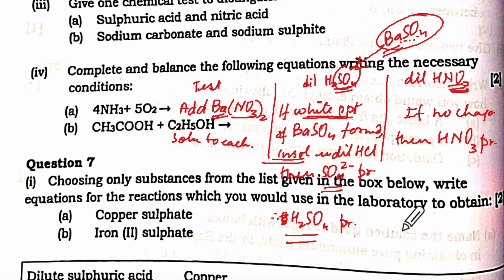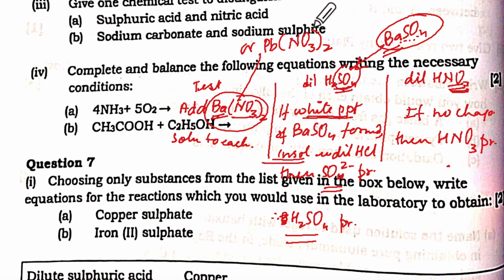Now in place of this, you could also take Pb(NO3)2. Okay, if it is Pb(NO3)2, then I'll get PbSO4, which will be chalky white PPT, and here there will be no change. Understanding? Yes, ma'am.